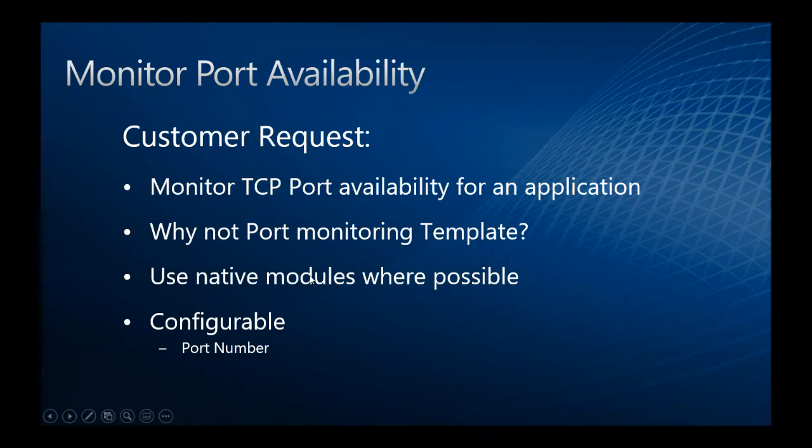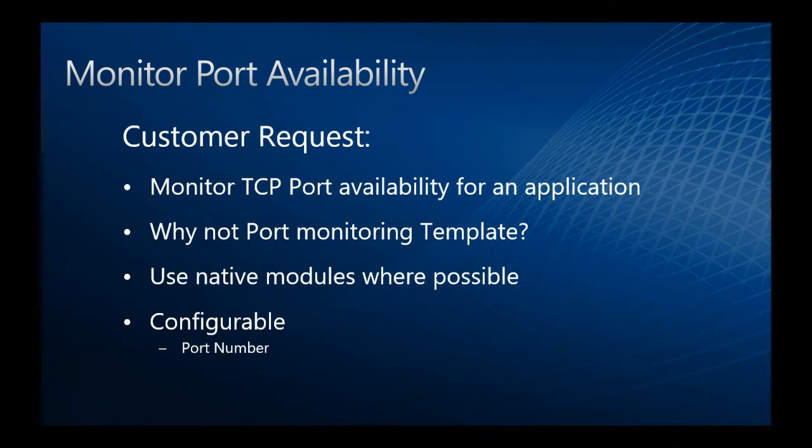So I talked about why we wouldn't use the template, and we always want to use native modules where possible. And when I say native modules, SCOM already has native modules to read a service status, the event log, process monitoring, port availability. There's a bunch of native modules that are built into SCOM. They're incredibly efficient. So I only drop down to script if I feel like I have to.